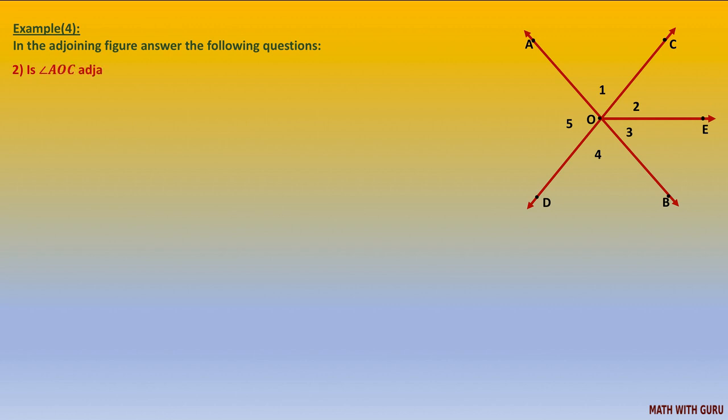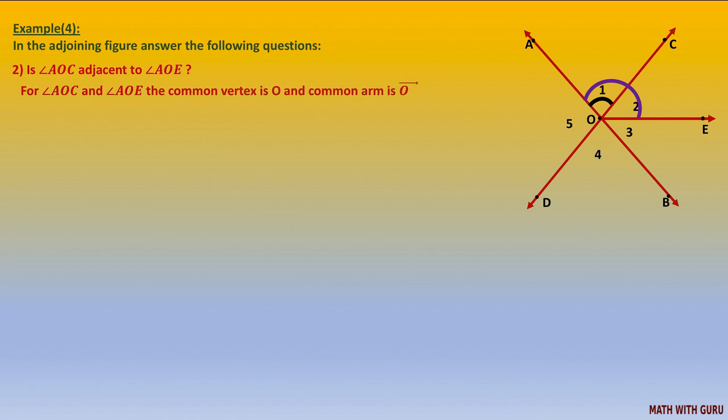Second sub question: is angle AOC adjacent to angle AOE? Let us mark the angles. That is angle AOC. This is angle AOE. Are they adjacent angles? For angle AOC and angle AOE, the common vertex is, of course, O and the common arm is OA.